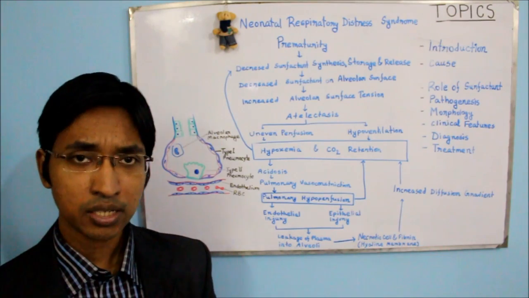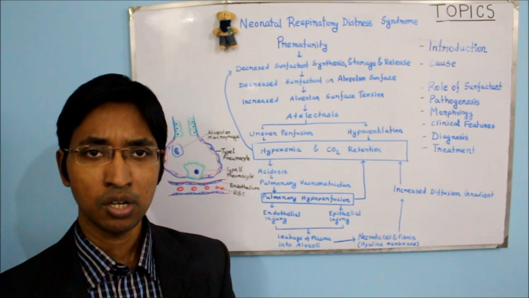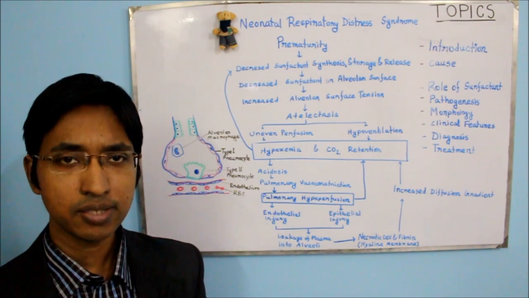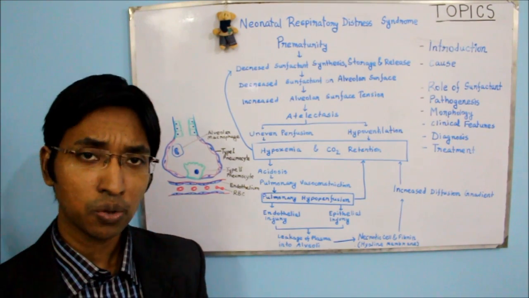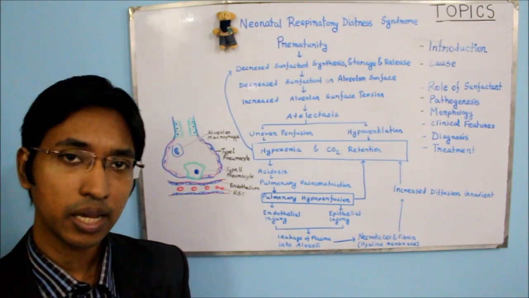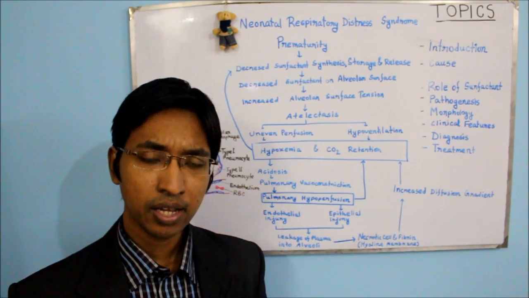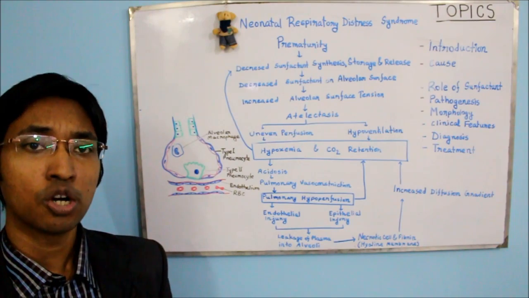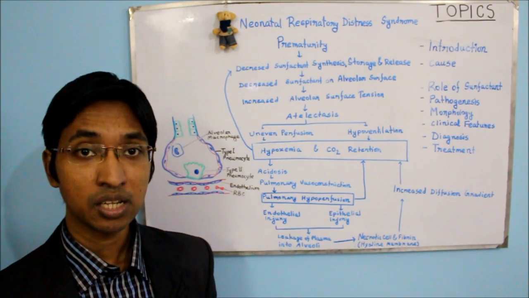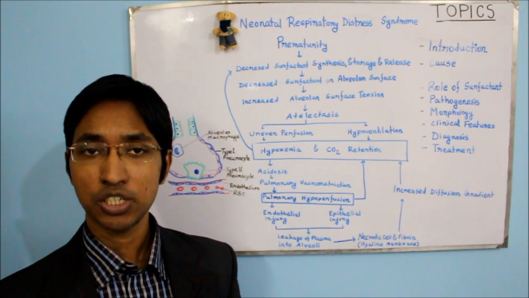Now after that, under normal condition, when there is sufficient amount of surfactant present in the lung alveoli, the lungs will not collapse at the end of expiration, and as a matter of fact, up to 40% residual air volume will be retained at the end of expiration.